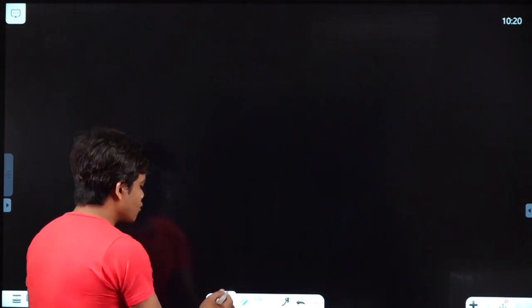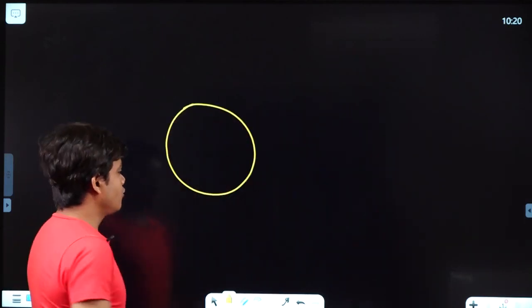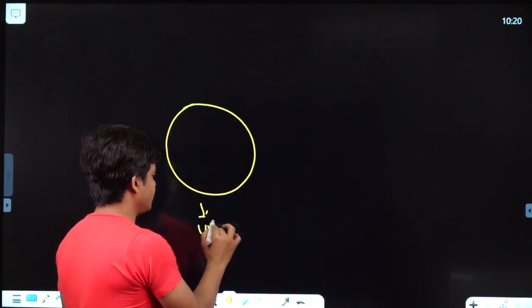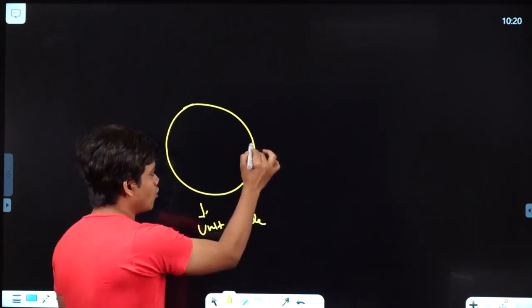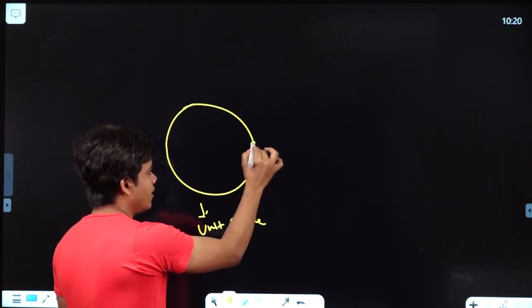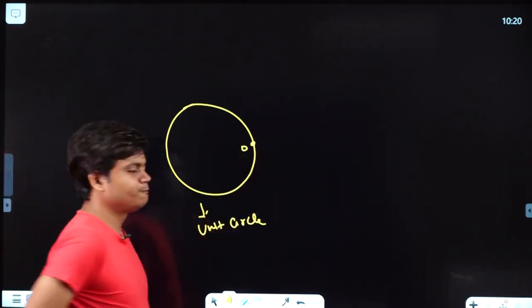All right, so think, if we have a circle over here, we have the unit circle. Let's denote the origin over here. Let's call this point 0.